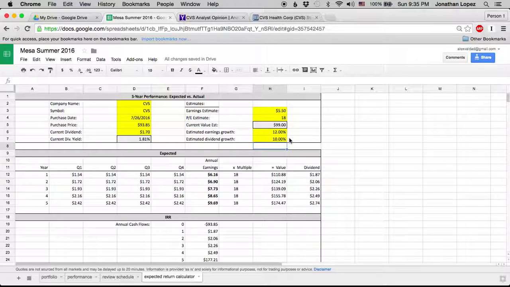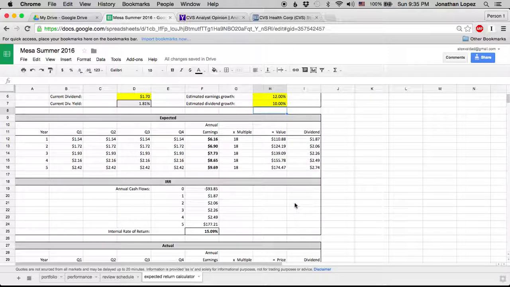So if my expectations are true, here's what I would make. If I bought the stock for $93.85, first year I get dividends of $1.87, second year $2.06, third year $2.26, fourth year $2.49, and the fifth year I got a dividend of $2.74. Plus, let's say I sell it for $174.